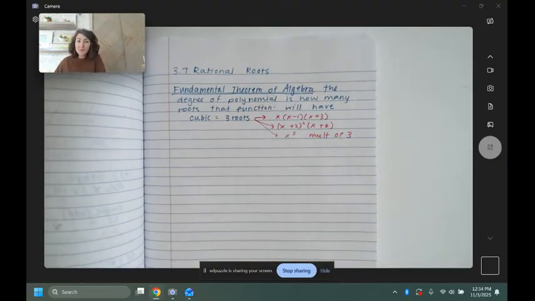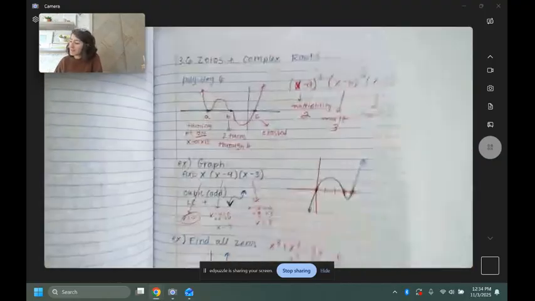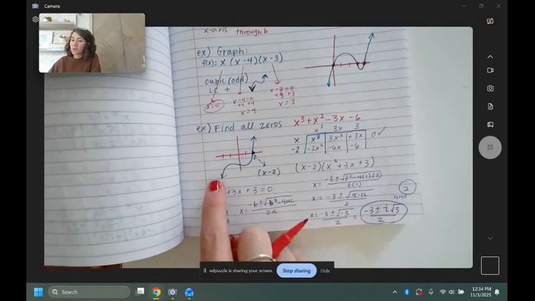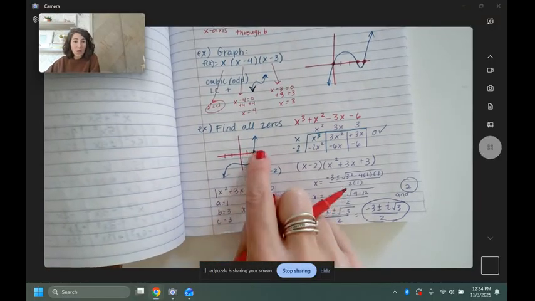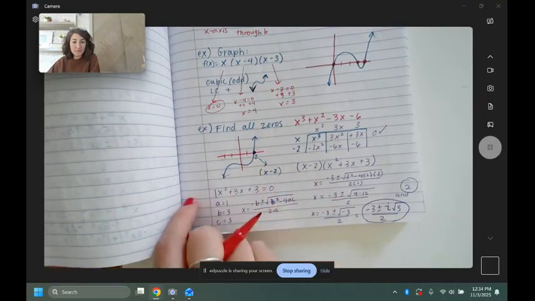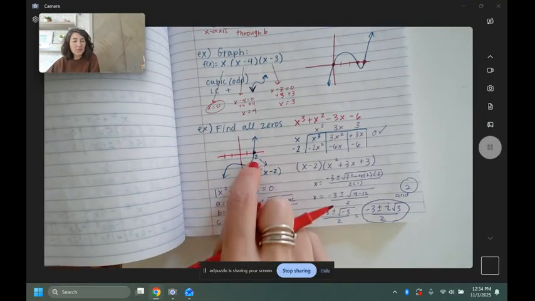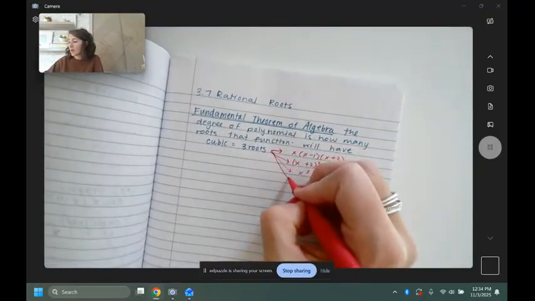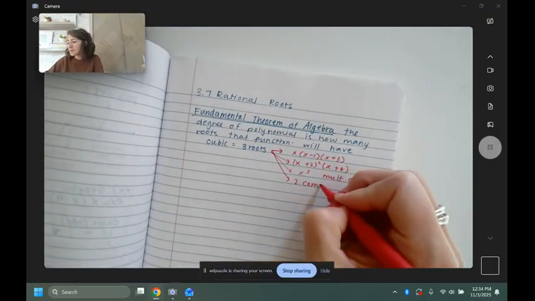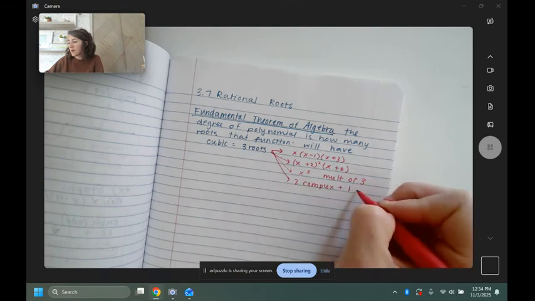But it could also look like this one from yesterday, where you have 2 complex roots down here and 1 real root. You'll always have at least one real root with a cubic function. Or 2 complex and 1 rational root.